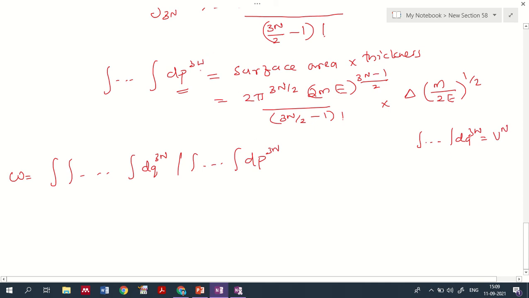Now we'll substitute that into the above equation, so we get this equal to v raised to n. This is the second part.